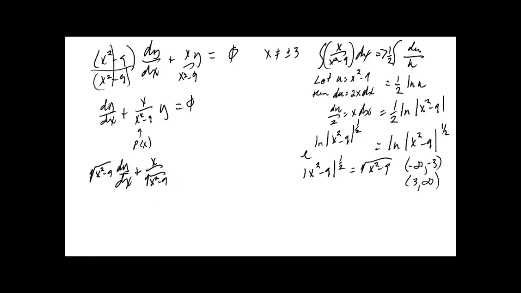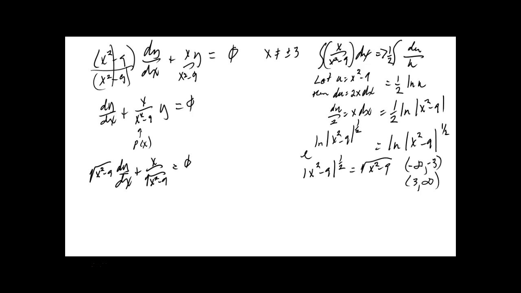Okay, because you're multiplying this, and that's equal to 0. Now we do the magical thing we did before. We note that this is the derivative of the square root of x squared minus 9 times y.